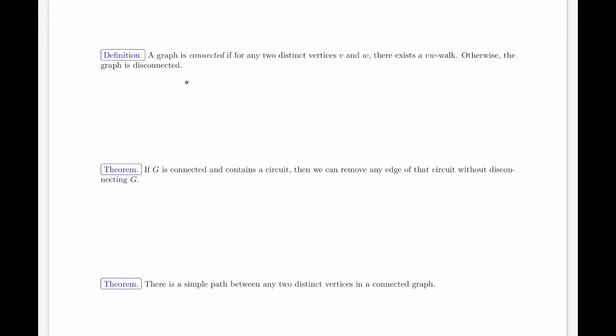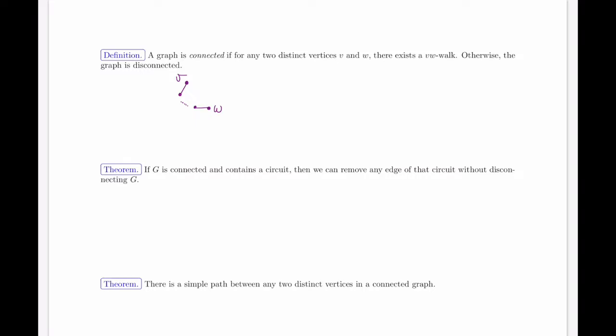So if I go from V to W, the graph is connected if I can go from V to W, not necessarily back to V, so I don't necessarily have a cycle, but for any two distinct vertices, I am able to get from one to another.